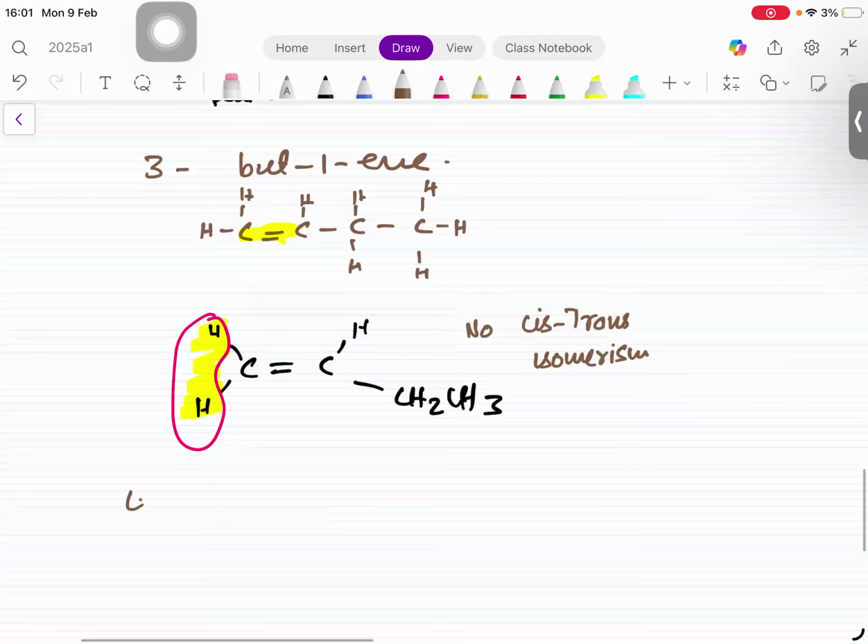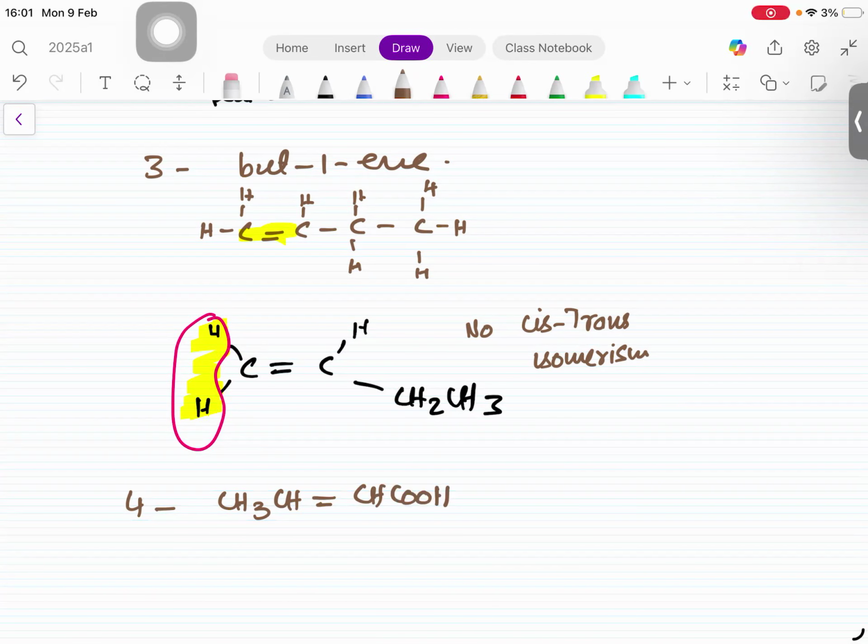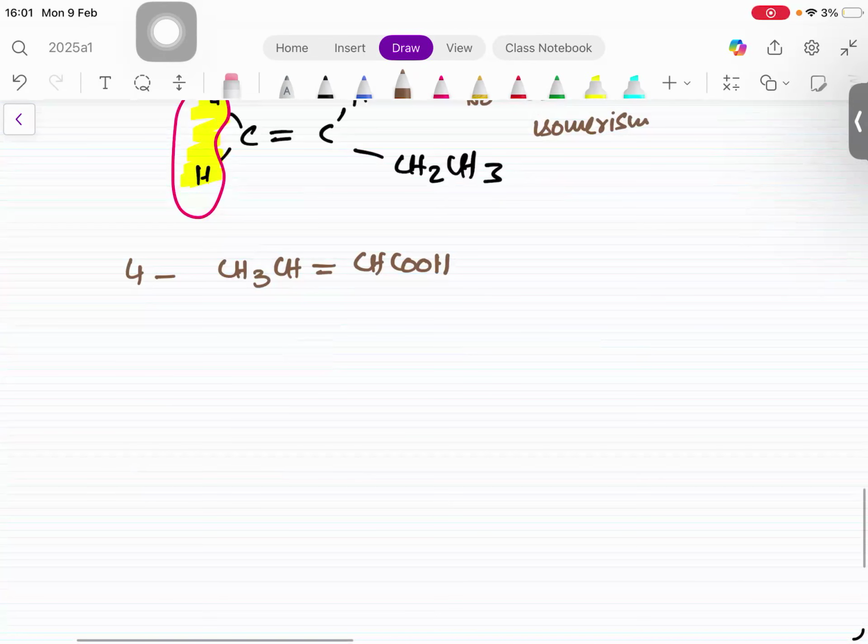Okay, next I'm going to give you CH3, CH double bond. Please draw the cis-trans isomerism in the following compounds. This one, number 5.